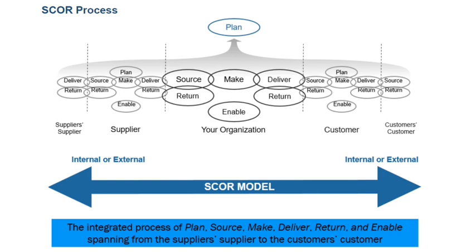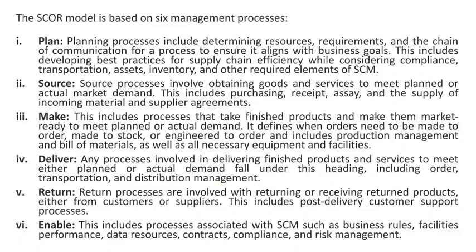Here we see the supplier, we see your organization, we see the customer as well as the customer's customer. We have a few functions such as planning, sourcing, making, deliver, return, and enable.